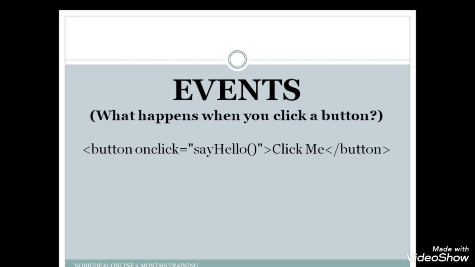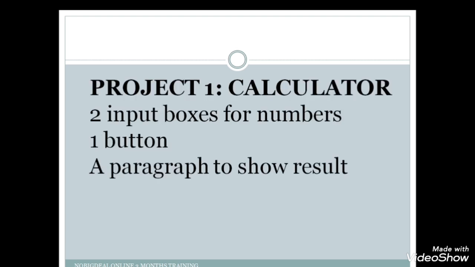Then you are now calling it with a button. So when you click on that say hello now, it will pop up and say click me. So this is an event. It normally happens when we are hovering over a button on the browser.